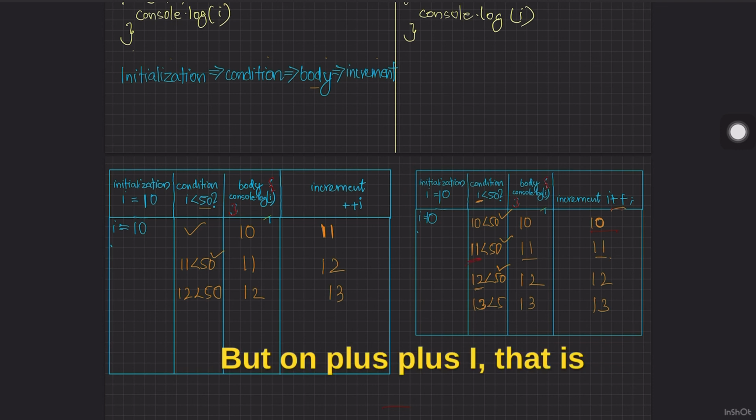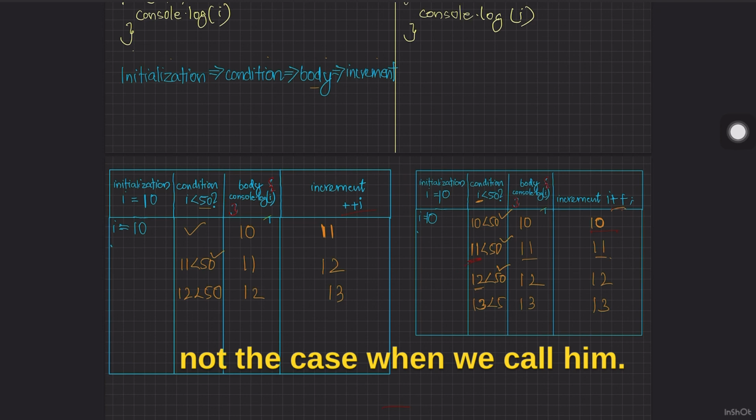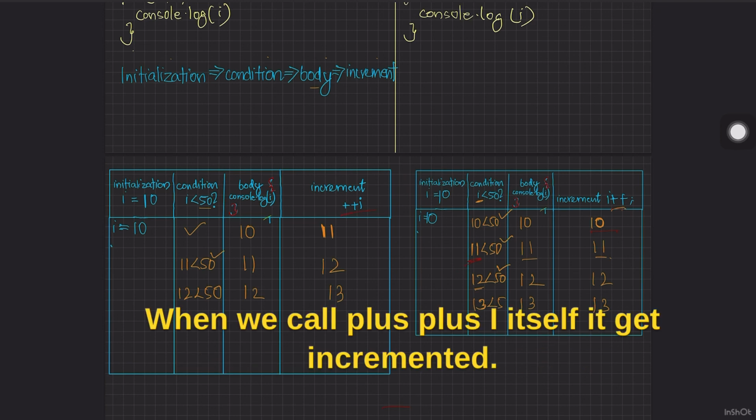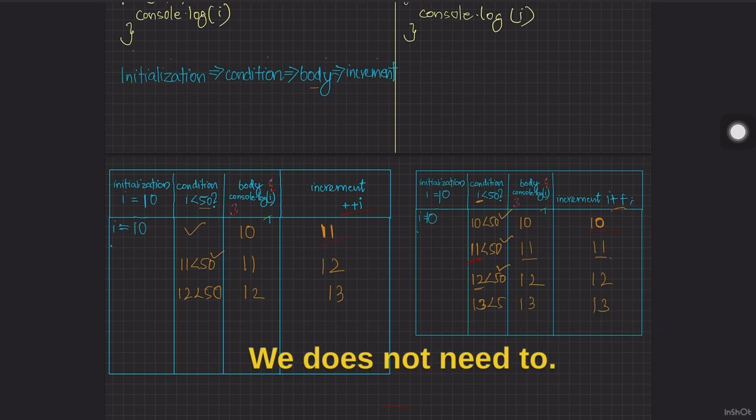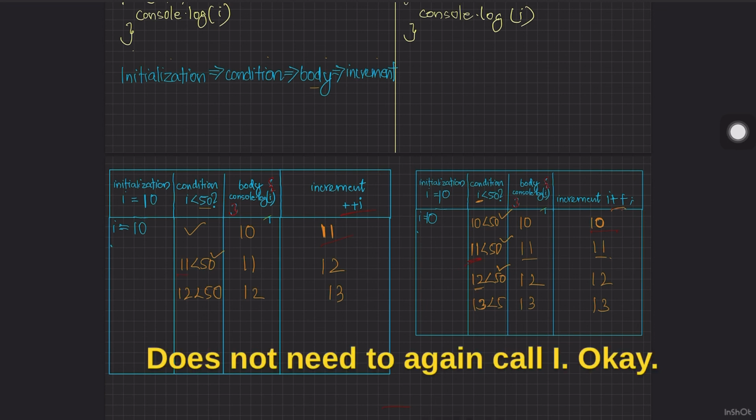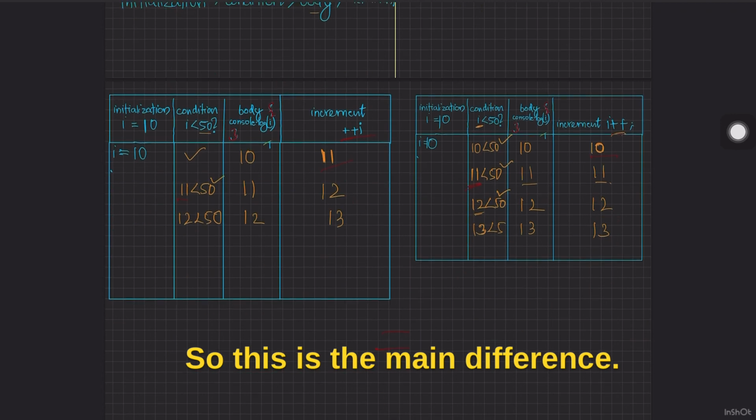But with ++i, that is not the case. When we call ++i itself, it gets incremented. We do not need to call i again. So this is the main difference.